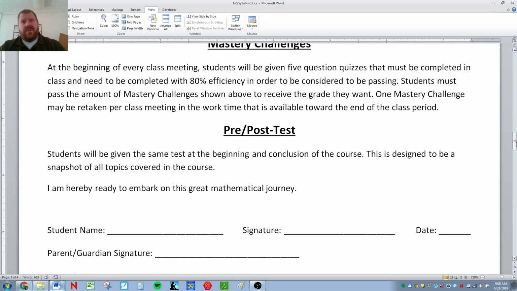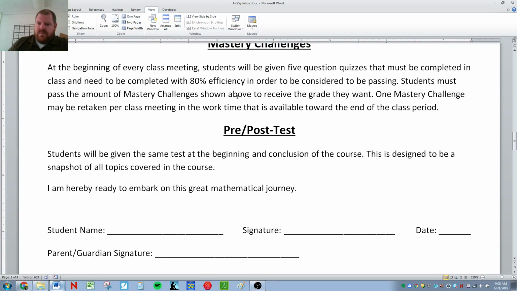But you must complete those mastery challenges with 80% in order to be considered passing that mastery challenge. These are important because they're one of 2 pieces that are actually graded as far as correctness goes.